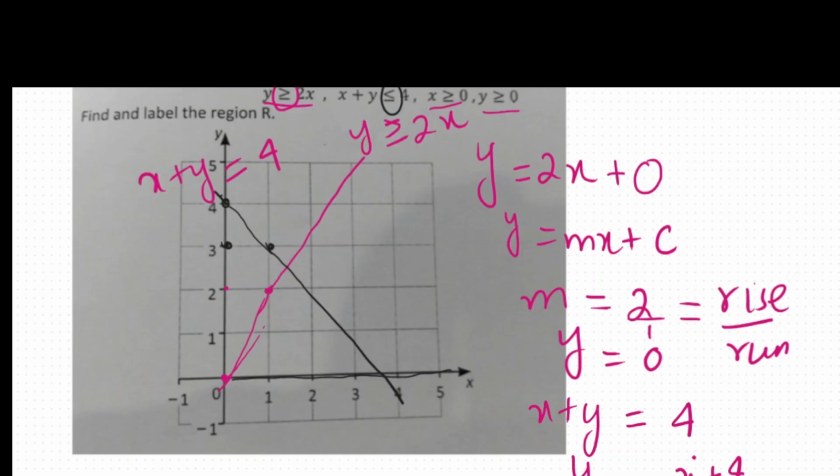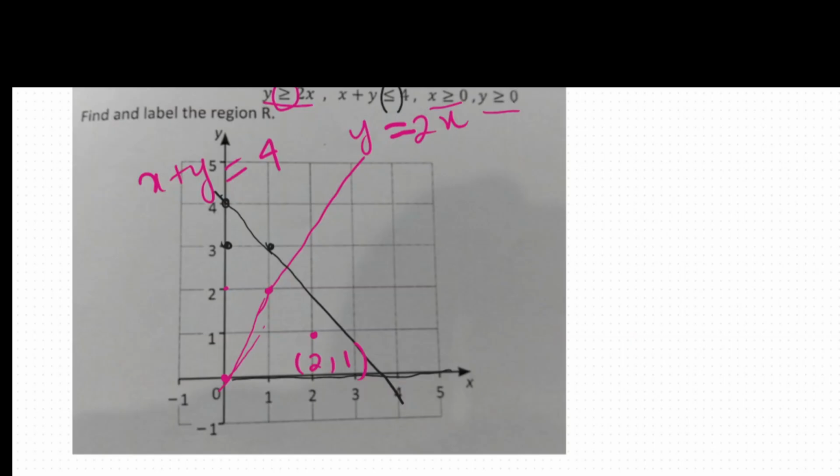Let's state only one test point and check it for both. I have taken this test point: on the x-axis it is 2, on the y-axis it is 1. I will check both inequalities for the same test point, first y is greater than or equal to 2x.